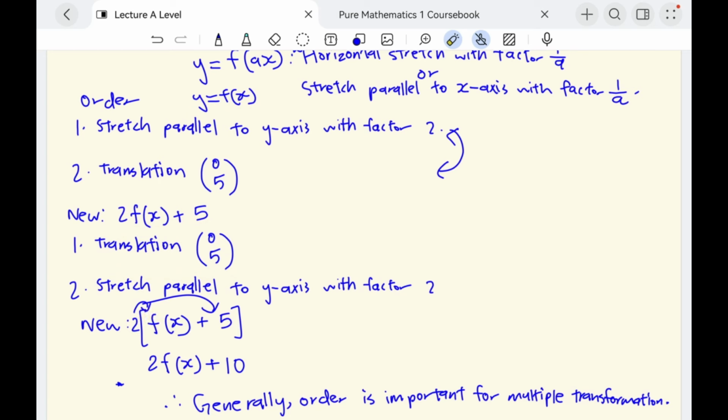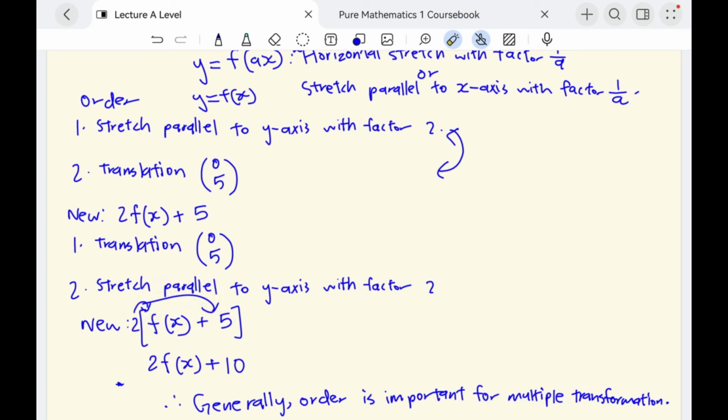Then you stretch the transformed function by times 2 to this entire function, the function after the first step. So you need to times 2 here and here.